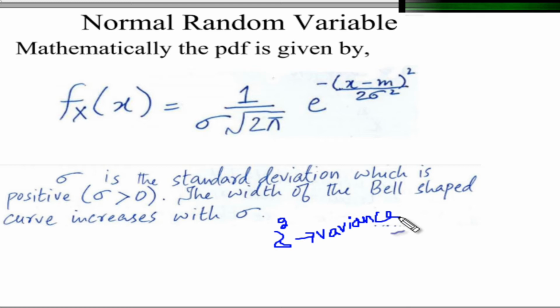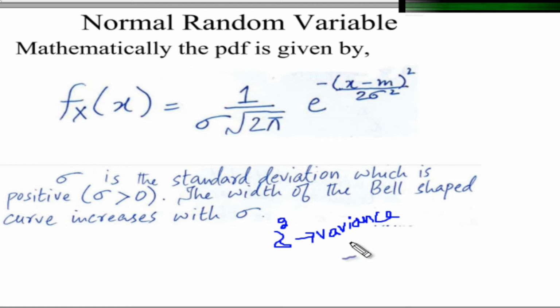If you decrease the width of a curve, then the height will increase. So the area will remain the same. The area which is coming under this random variable or this curve will always remain the same, and that is the actual reason that by increasing the width, height will decrease, and by decreasing the width, height will increase.